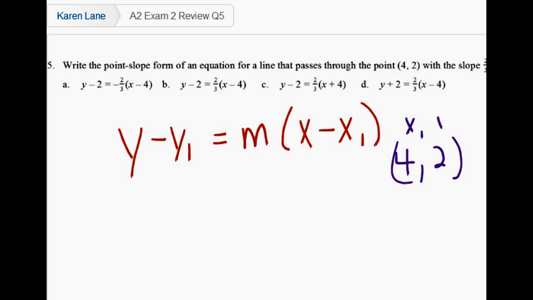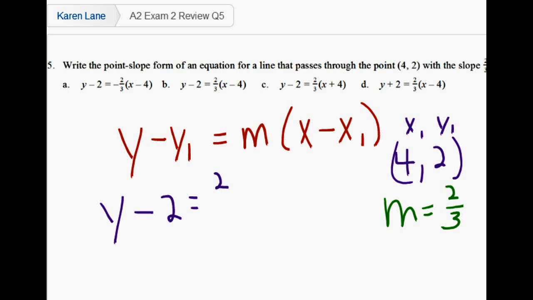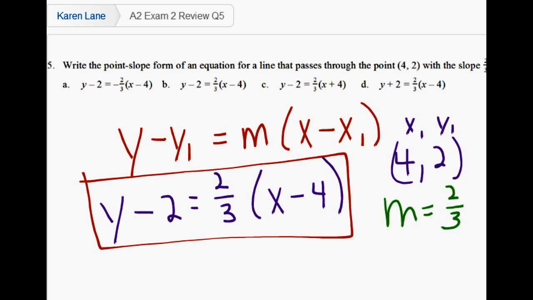And m stands for the slope, which they told us was 2/3. So we're just going to fill this in. So y minus y1 is 2 equals slope 2/3 times x minus 4. And that is the answer.